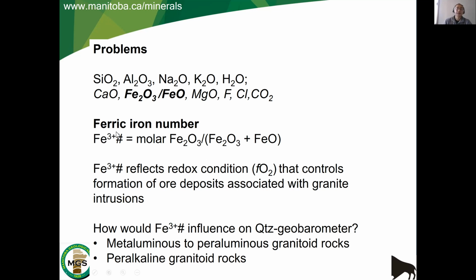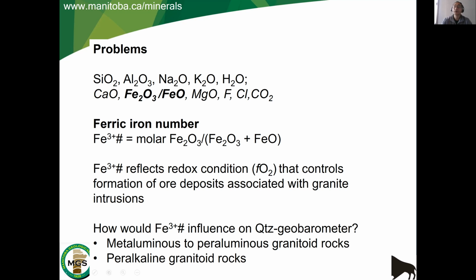And we use the ferric iron number, that is the Fe3+ number, equal to the molar ferric iron oxide ratio. This ratio reflects redox conditions, and that controls the formation of ore deposits associated with granite intrusions. I will talk about this later.